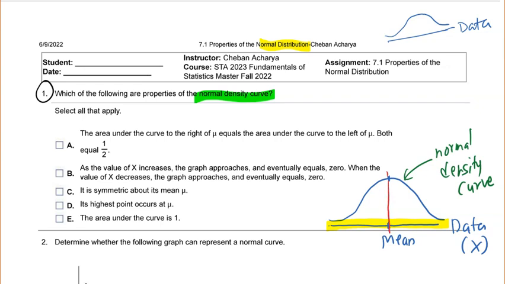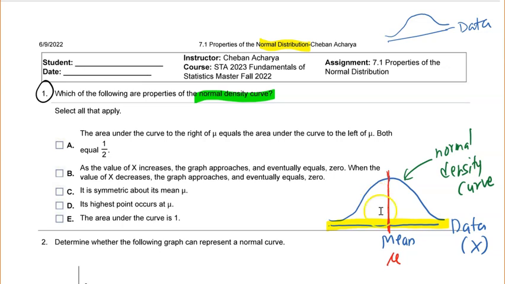If you draw a line from the top of the curve to the mean, you see that the area on the right of this line, or right of the mean mu, and the area left of mu are the same. And the total area under the curve above this data line is 1.